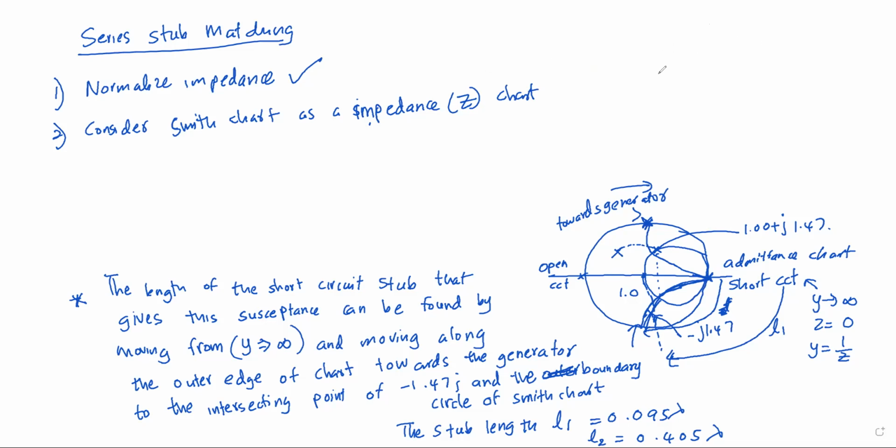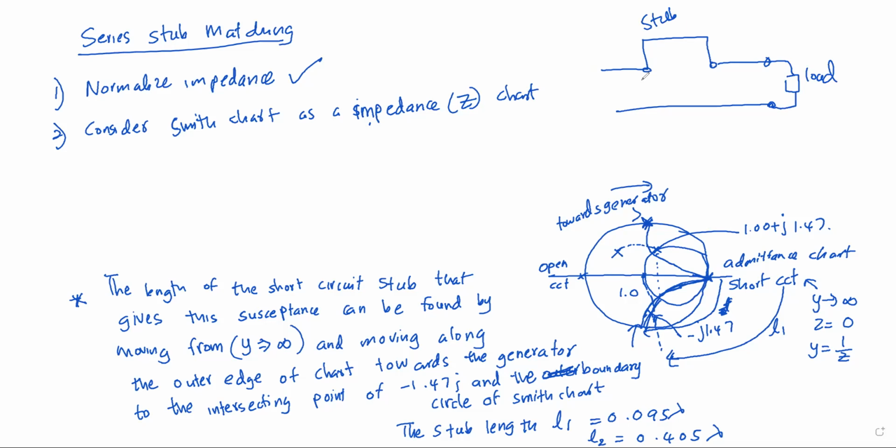Once we are designing this circuit, we are going to be left with a circuit like this, right? We add our stub to the transmission line like this. We have a certain load, and the load is connected in series with this stub.